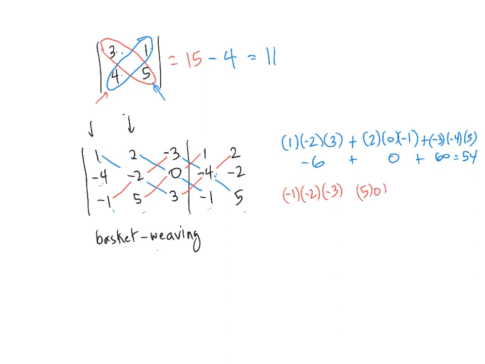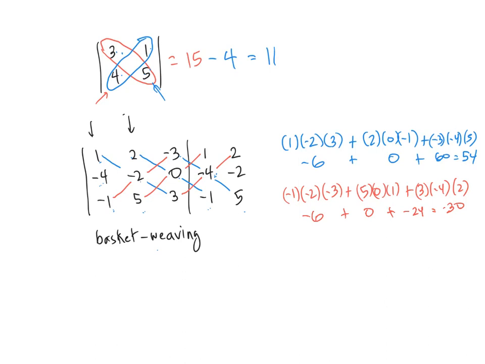Five times 0 times 1, and 3 times -4 times 2. And since these diagonals are also running all in the same direction, we're going to add those together. So this would be -6, this is plus 0, and this is plus -24. So that gives me -30.